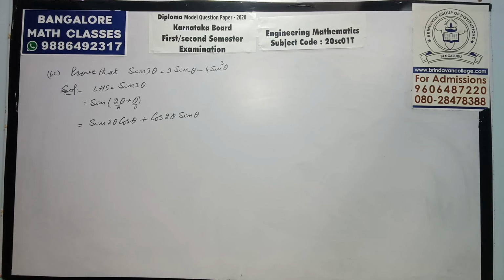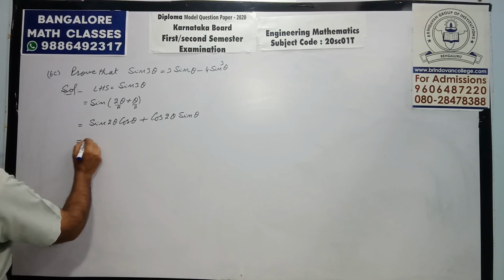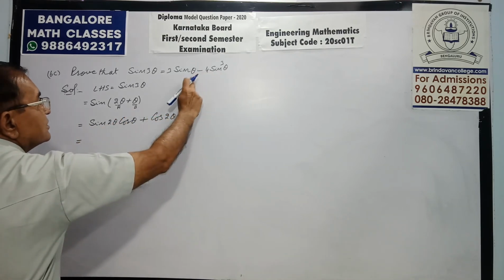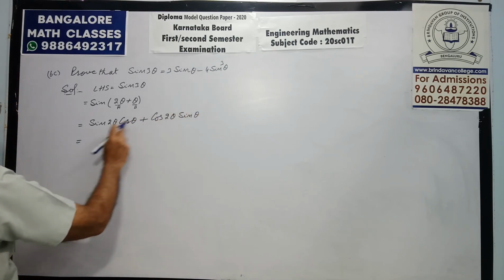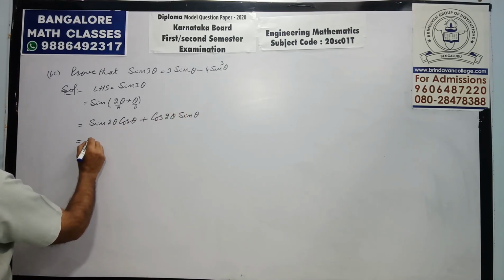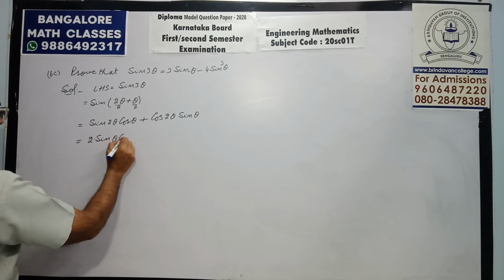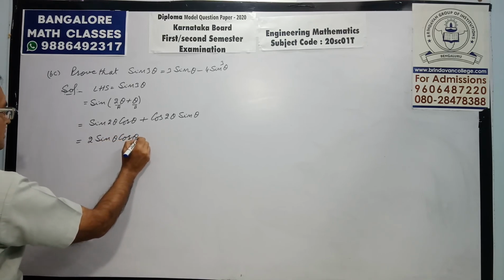Now see the RHS. We are not having cos. This sin 2 theta and theta are single only, not multiple. Sin 2 theta, put it as 2 sin theta cos theta.